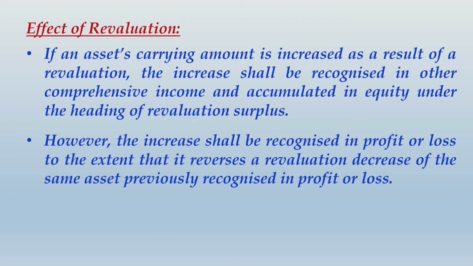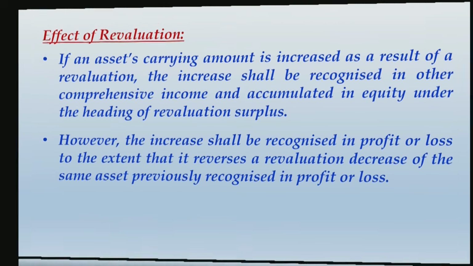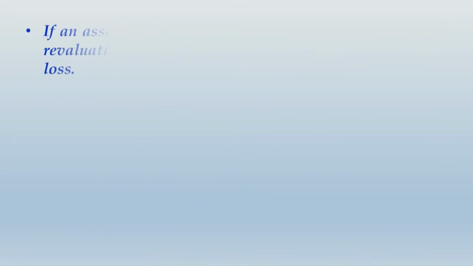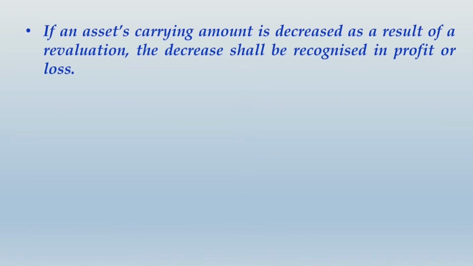Alright friends, once you have completed writing this much, let us continue writing further. If the asset's carrying amount is decreased as a result of revaluation, the decrease shall be recognized in profit or loss. When I say profit or loss, it is basically your income statement.